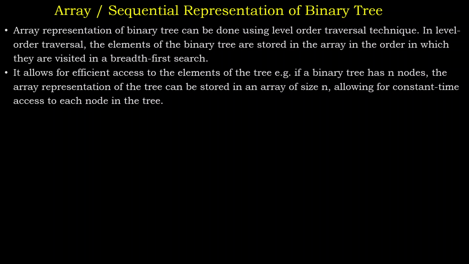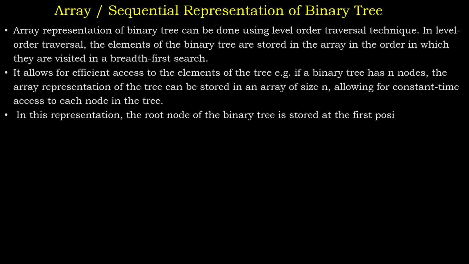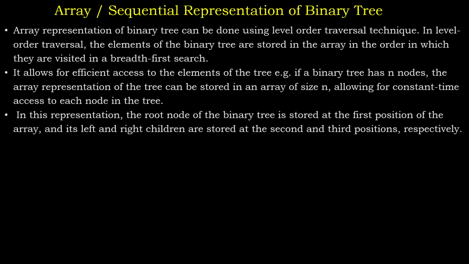If the binary tree has n nodes, the array representation can be stored in an array of size n. So the number of nodes equals the size of the array. We get constant time access to each node, because we go through them one by one using the index.